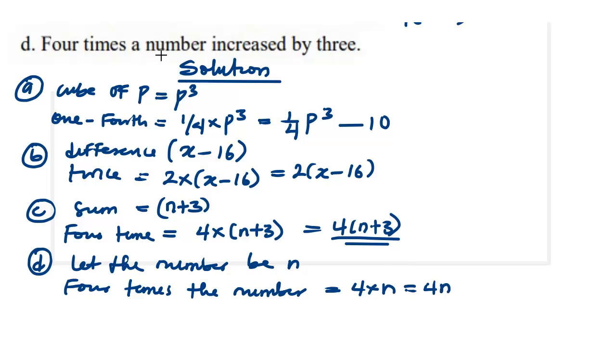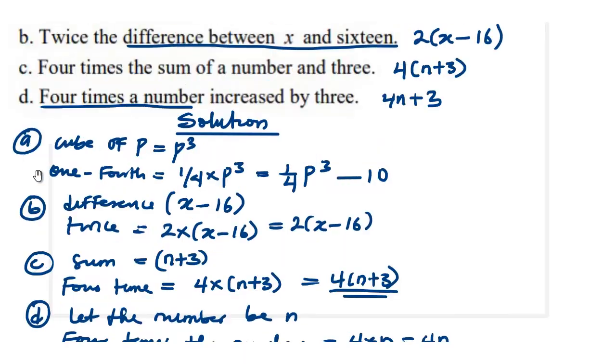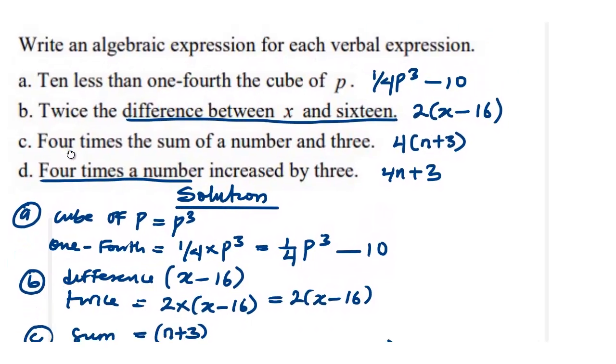Now increased by 3. You notice that this one was interpreted from the beginning, not from the last, because that's the nature of the question. So increased by 3 will give us 4n plus 3. So that is how you write an algebraic expression for verbal statements.